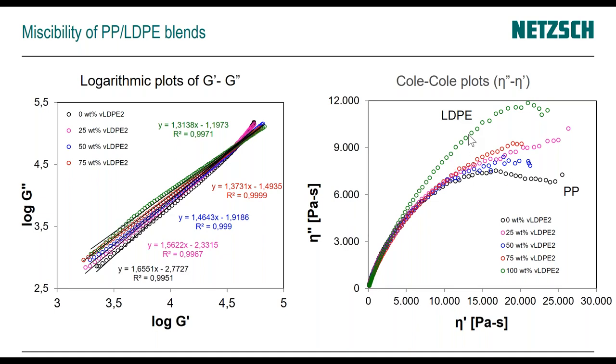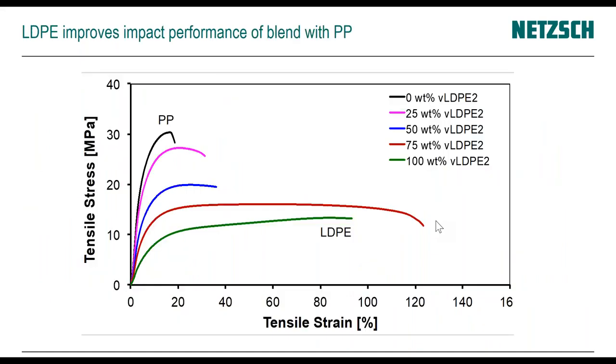And the same when we look at the Cole-Cole plot, it also shows us that LDPE and PP are the boundaries, and the blends are in between, and they follow this shape, which tells us that the blend is miscible.